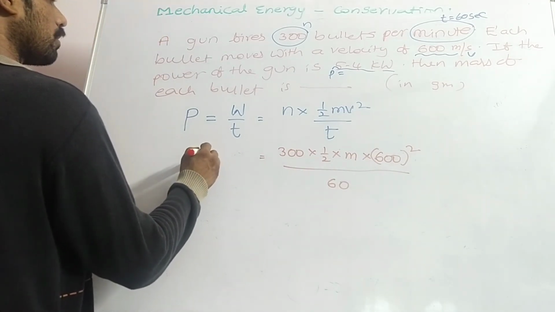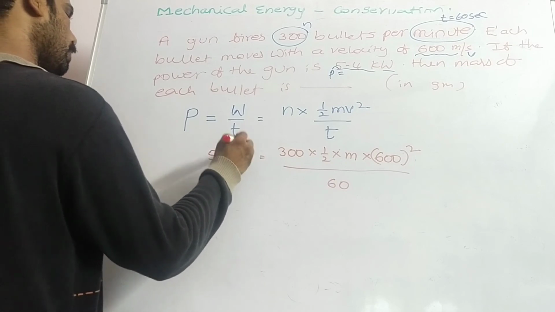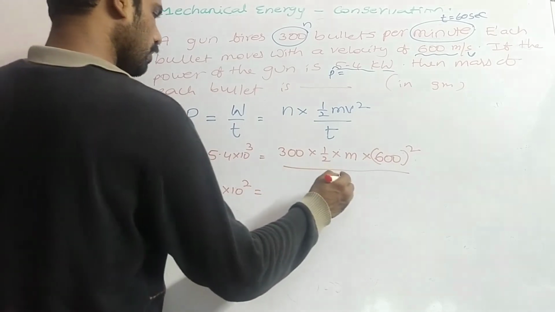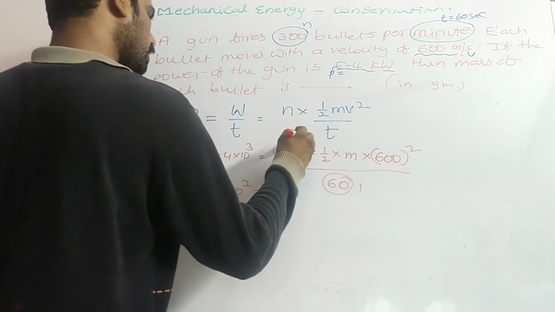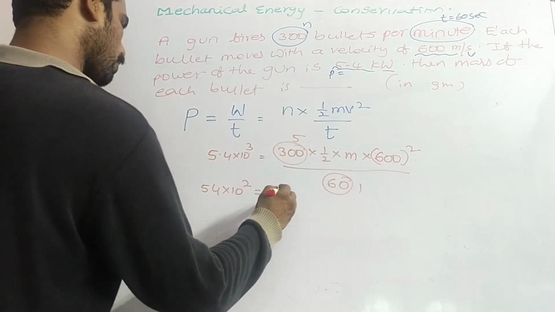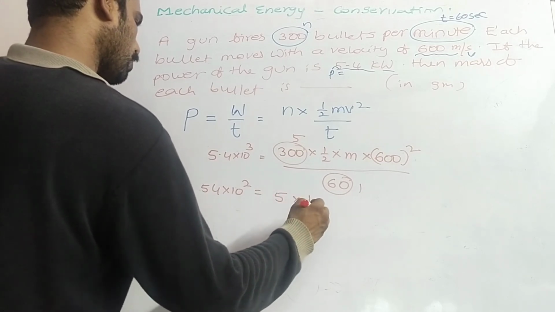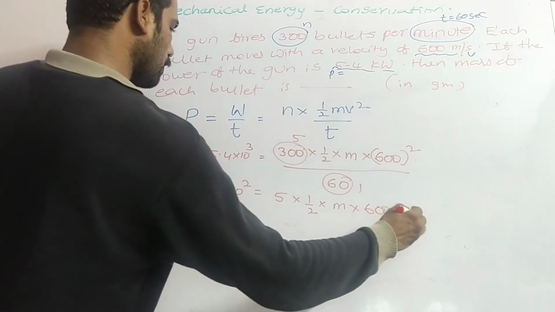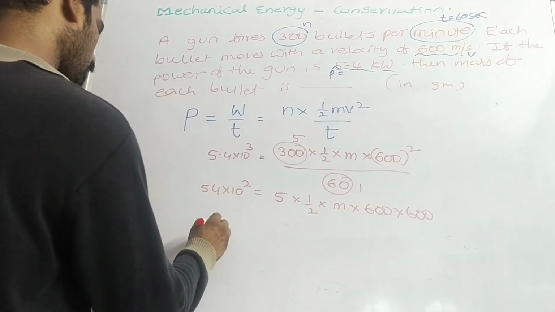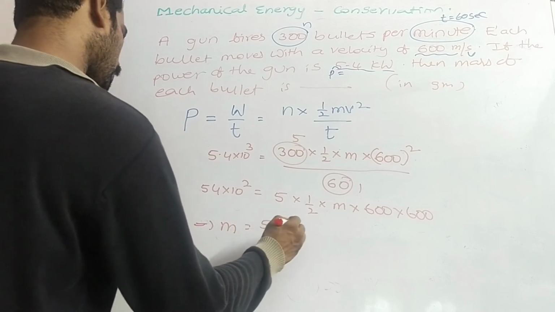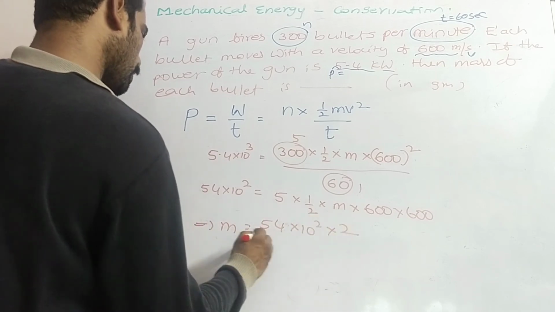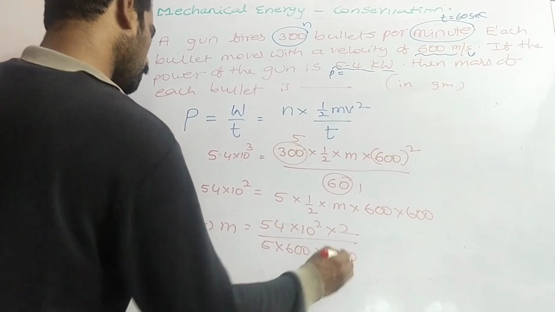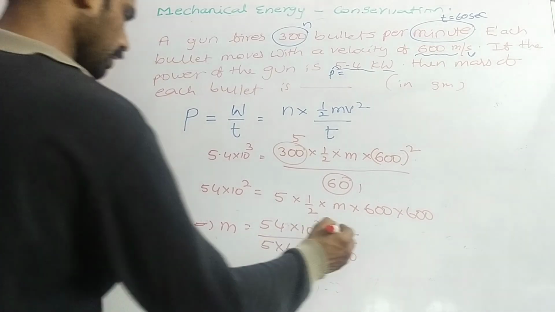Power given 5.4 into 10 cube, that is 54 into 10 square is equal to 5 into 1 by 2 into m into 600 into 600. That implies mass m is equal to 54 into 10 square into 2 by 5 into 600 into 600.